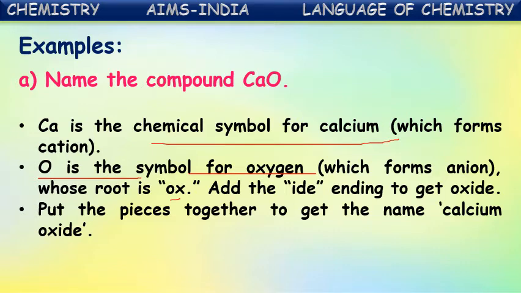Its root is "ox". As it is an anion, we should add "ide" at the end. That's why oxygen became oxide. So if you put these two together, the name of this compound is calcium oxide.